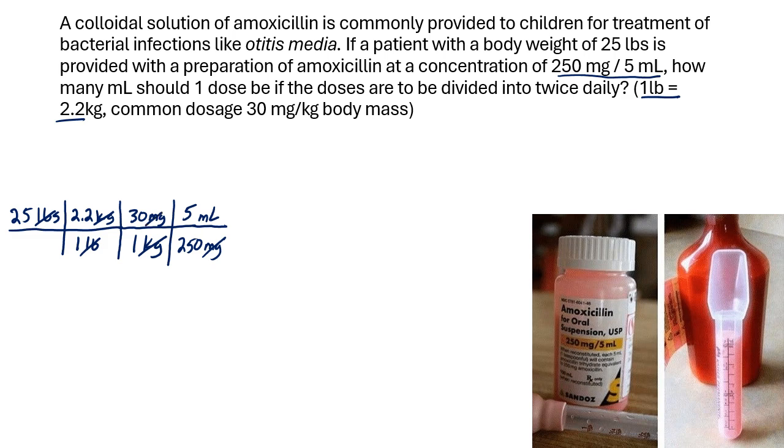And so if I were to stop there and calculate, it would be 25 times 2.2 times 30 times 5 divided by 1 times 1 times 250 for a grand total of 33 milliliters.